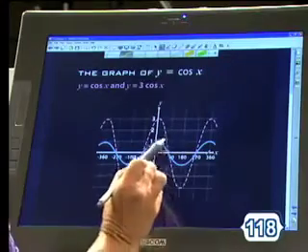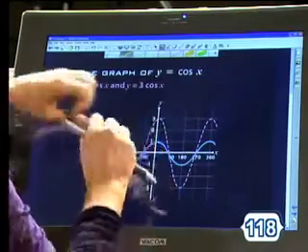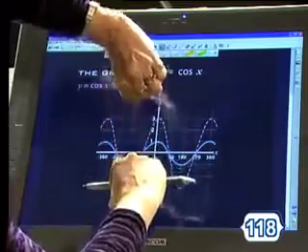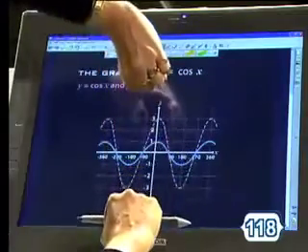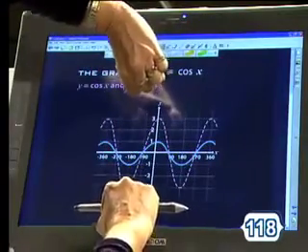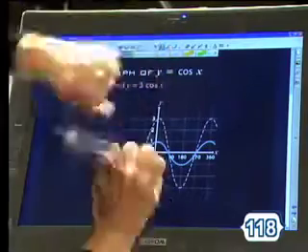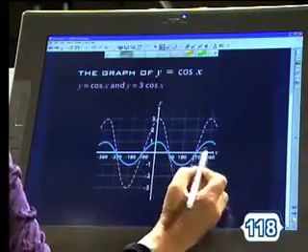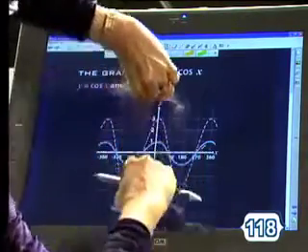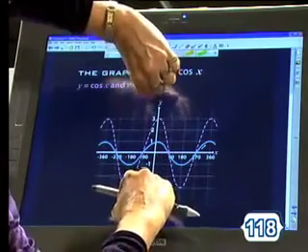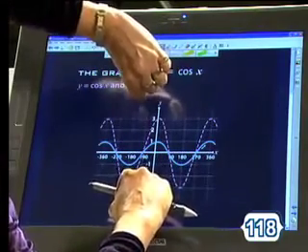And so on. Now, can you see that what has happened here is that the graph has actually stretched? The only thing that has really been affected is definitely not the period, but can you see that the range has been affected and the amplitude has been affected?